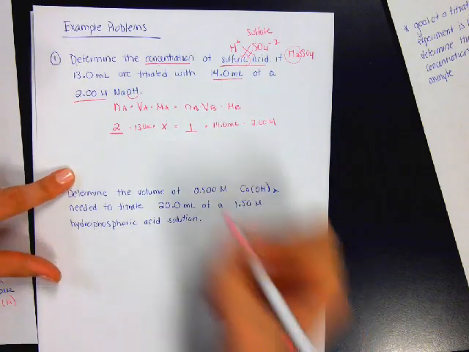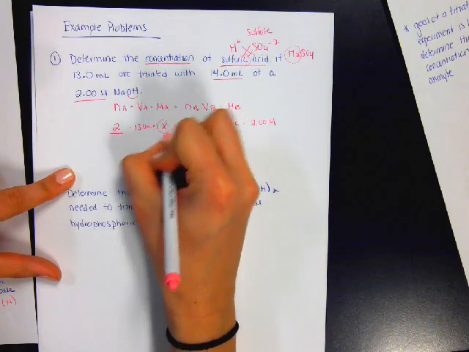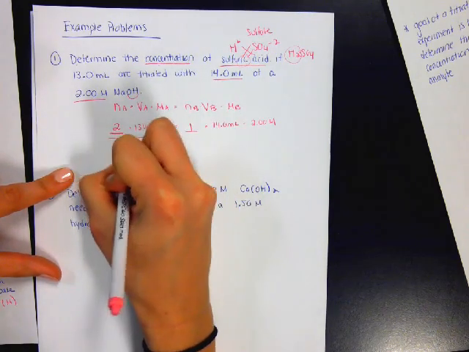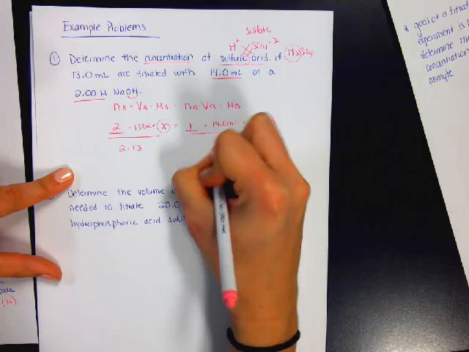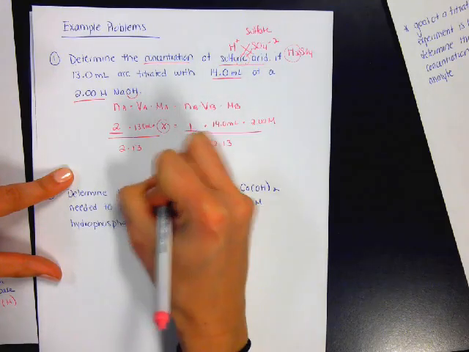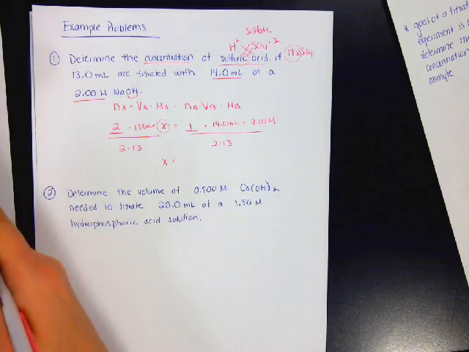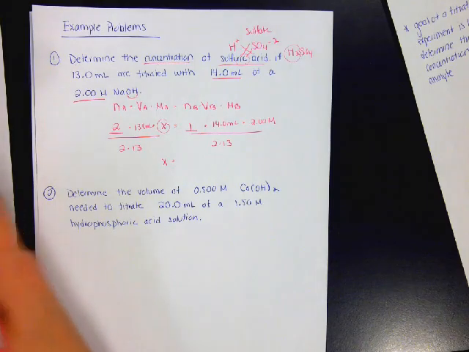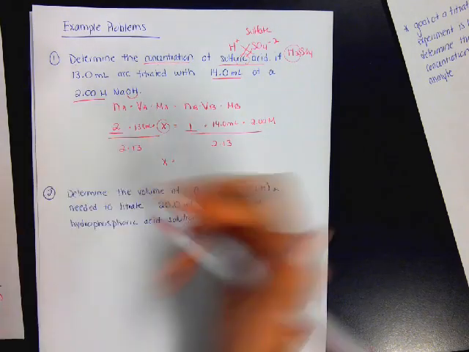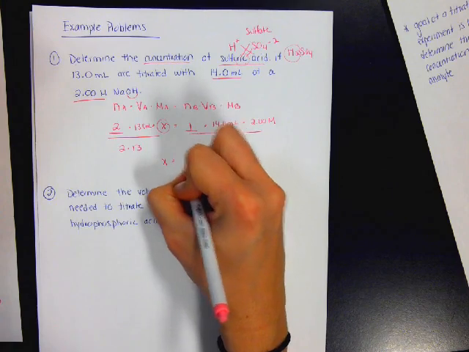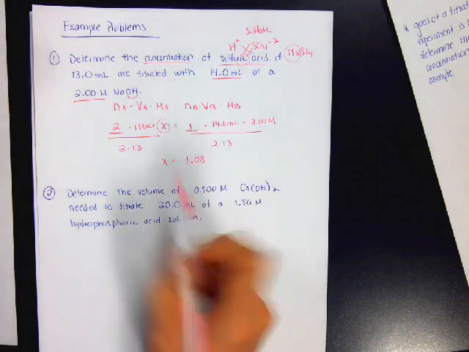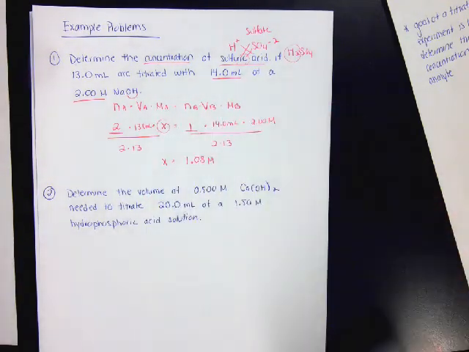So now it's a matter of algebra, right? Solving for x. So we're going to divide both sides by 2 times 13. And x will equal 1.08, and it's molarity, so it's molar.